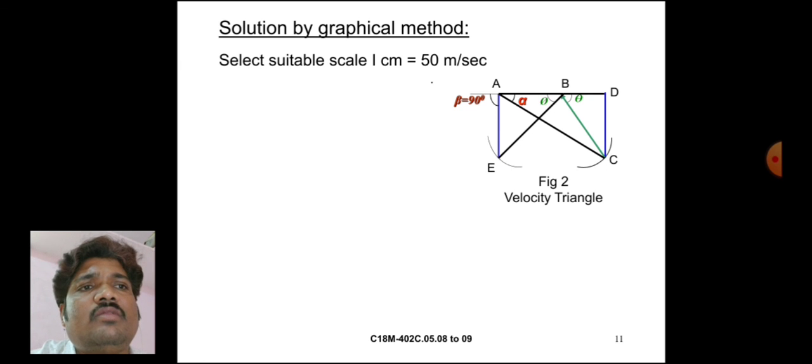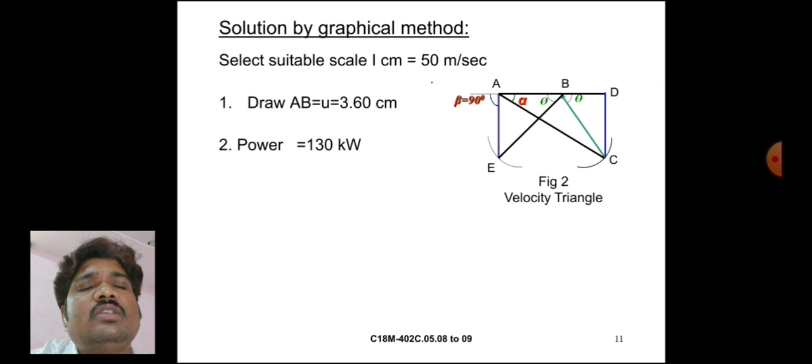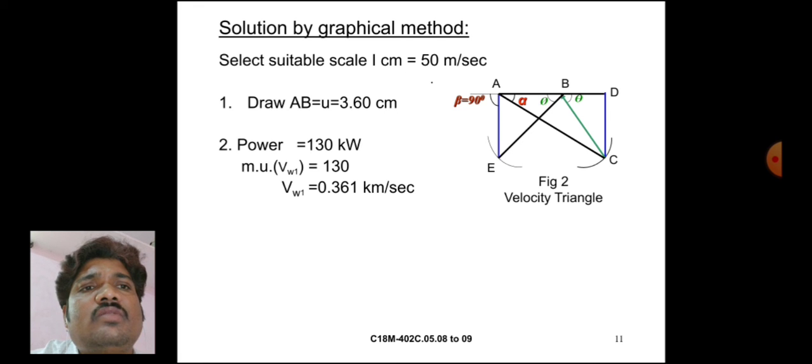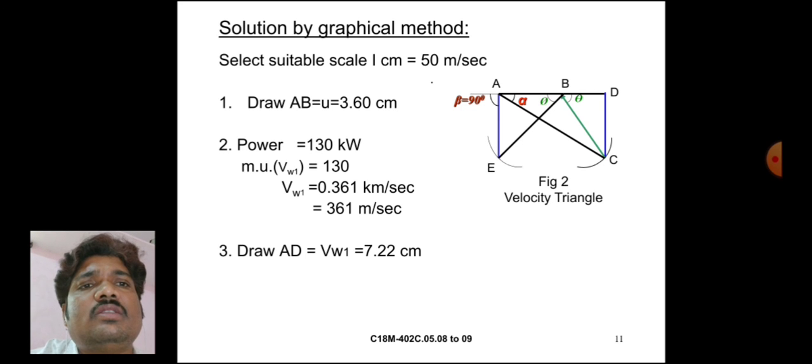As shown in this figure, the velocity triangle. Draw AB equal to blade velocity, 3.60 centimeter. Power is equal to 130 kilowatts, which is mass flow rate into blade velocity into VW1 equal to 130. So the inlet whirl velocity is 0.361 kilometer per second, 361 meter per second.